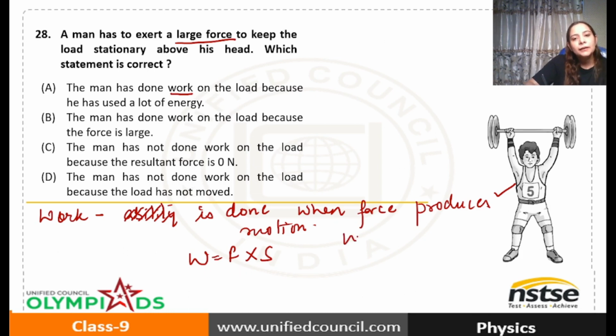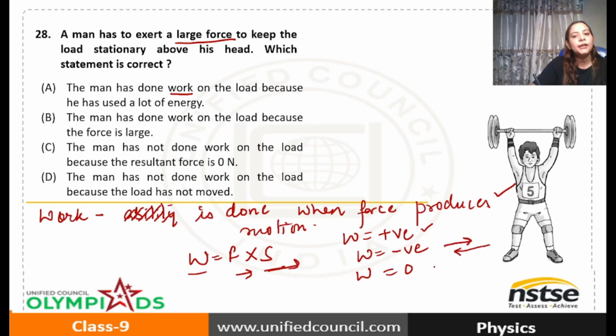Now work done can be positive, can be negative, or can be equal to 0. Positive work is done when the body moves in the same direction in which the force is applied. And negative work is done when force is applied in one direction and the body is moving opposite to it.